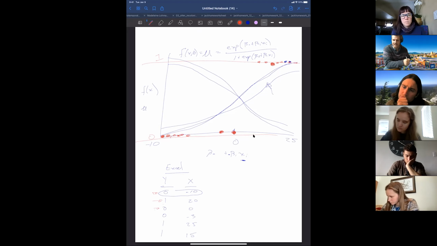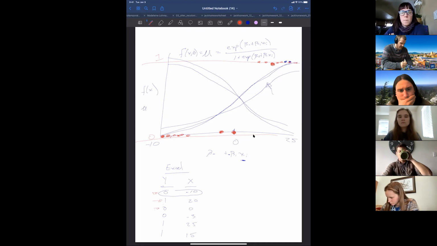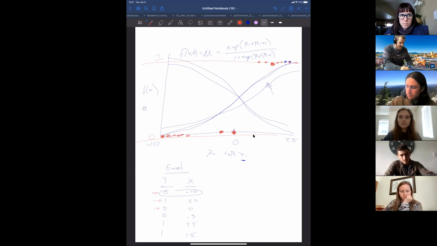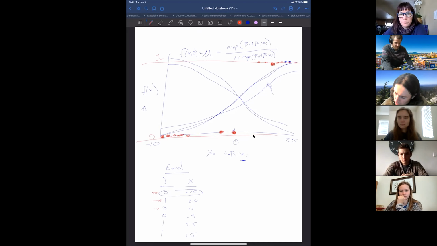And then the x-axis can be any value between -infinity and infinity. And what we're doing is trying to fit a line, this sinusoidal line, to these kind of grouped data. And the line is determined by what beta 0 and beta 1 are, and our assumption that it is this inverse logit function.